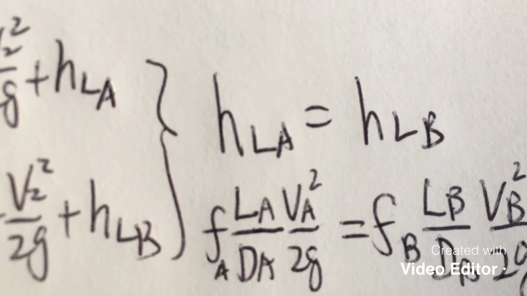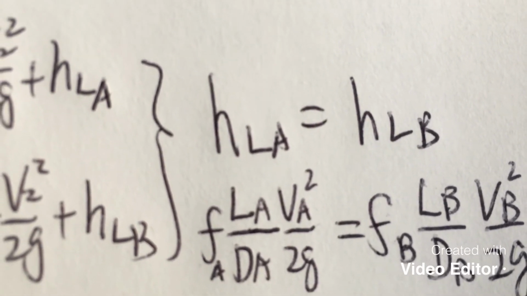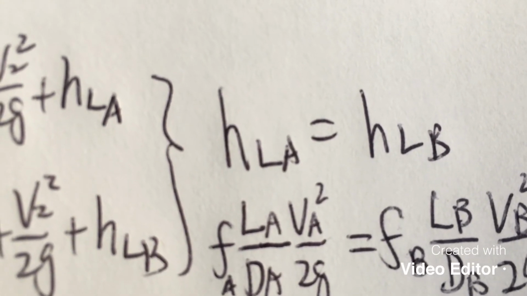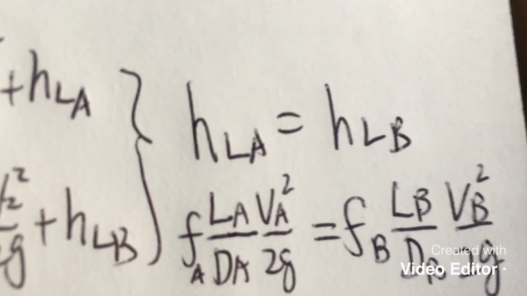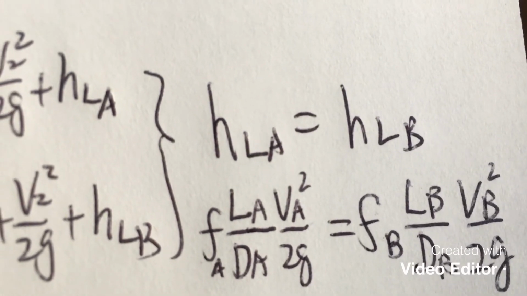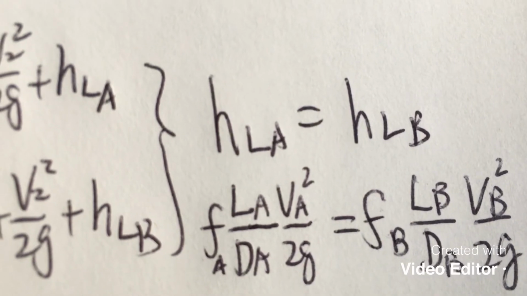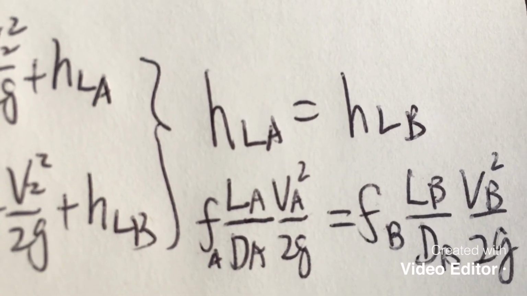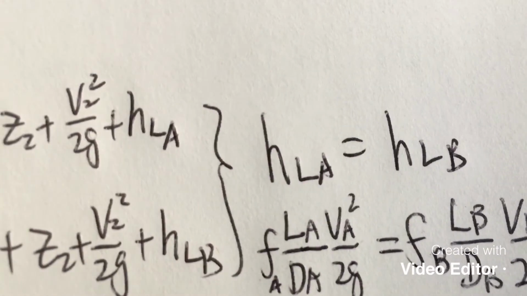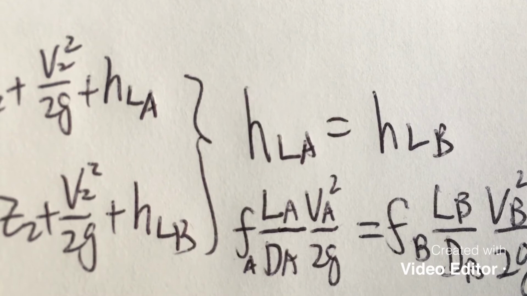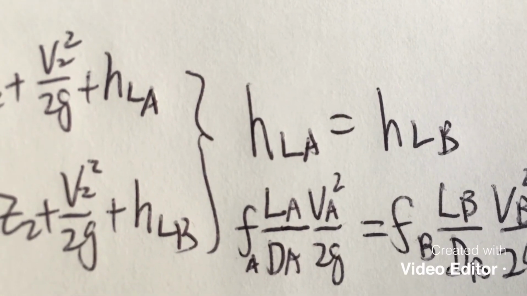The longer branch will capture less flow and less velocity, right? So the larger pipe and the shorter pipe always have the advantage on capturing the flow based on this principle, piping in parallel.